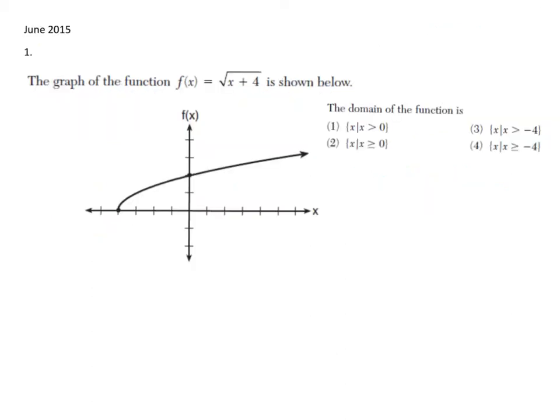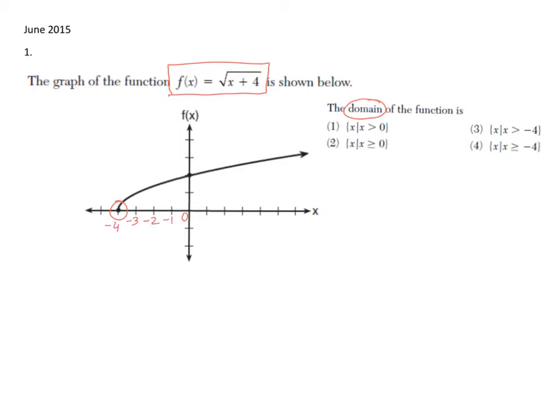So we have this question, the graph of the function f(x) is equal to the square root of x plus 4 is shown below. The domain of the function is, and we have 4 choices. So let's look at the graph. Where is it starting from? It starts from this point, right? So let's put in this point, 0, -1, -2, -3, -4.